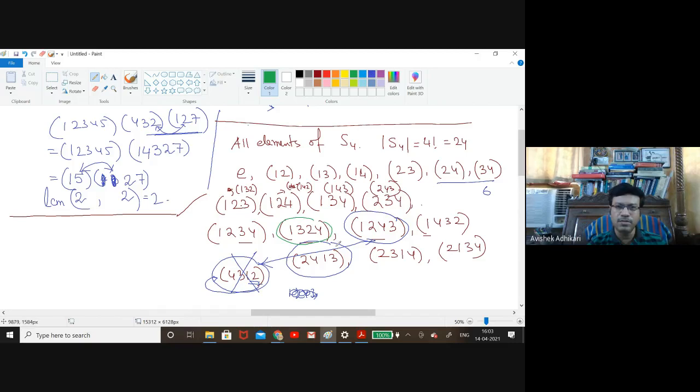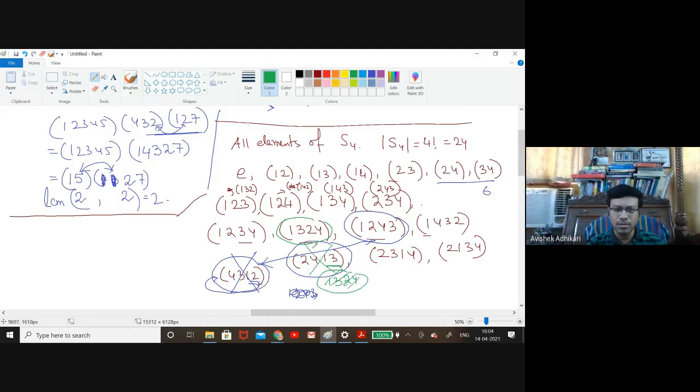So you cannot write both. If you write 1, 3 and then shift it here, it becomes 1, 3, 2, 4. They are the same, right? So you cannot write it.